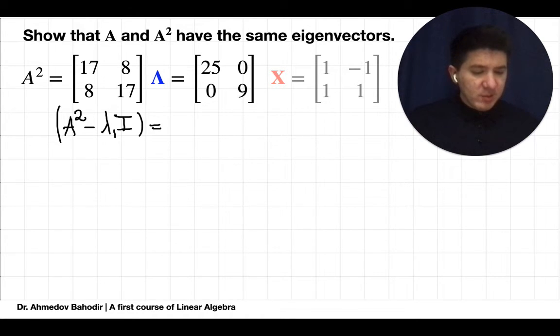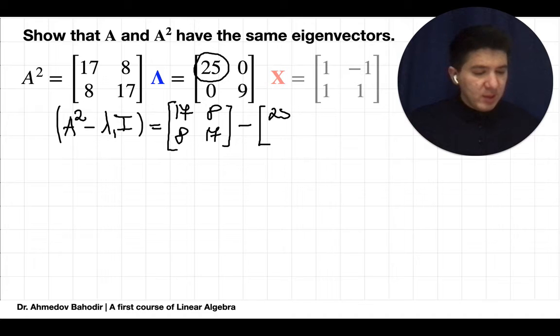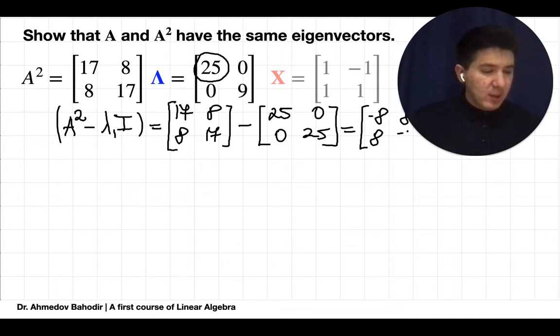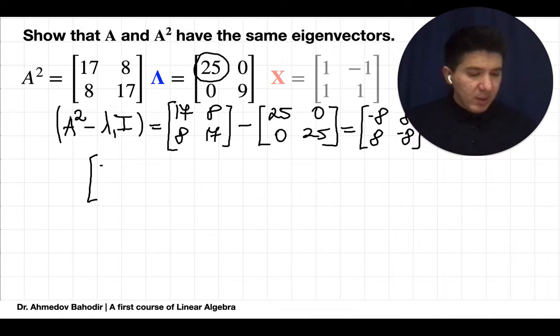So we first need to subtract this: essentially 17, 8, 8, 17, and we subtract the first eigenvalue, which is 25, so 25, 0, 0, 25, that is, 25 times the identity. We just need to subtract 25 from the diagonal entries of this matrix, which gives minus 8, 8, 8, minus 8. Let me copy this here: minus 8, 8, 8, minus 8.